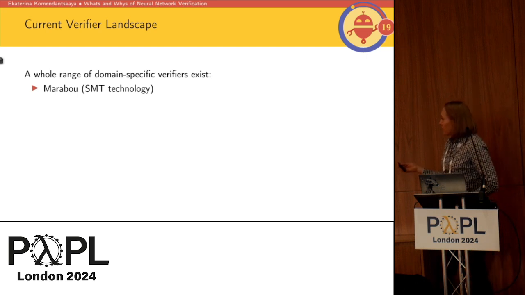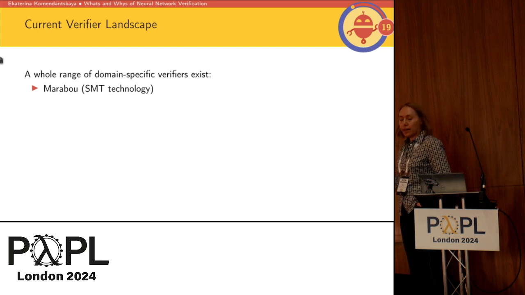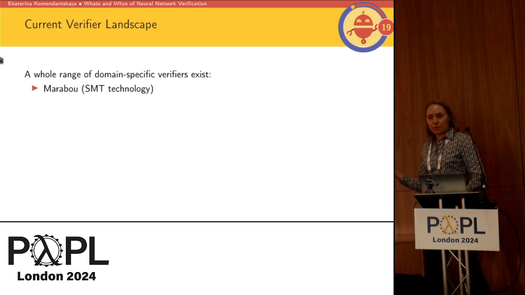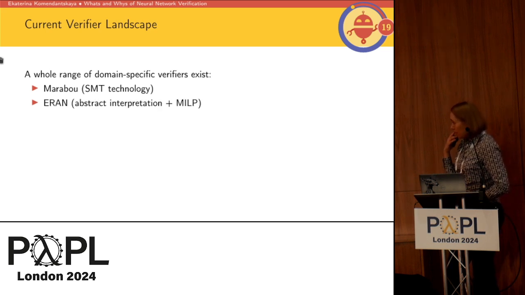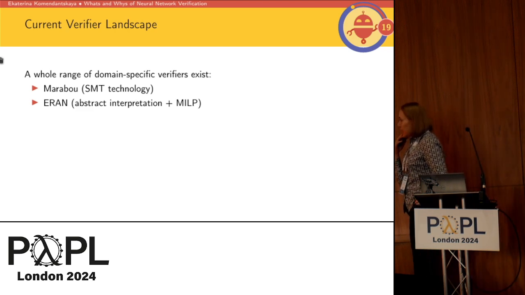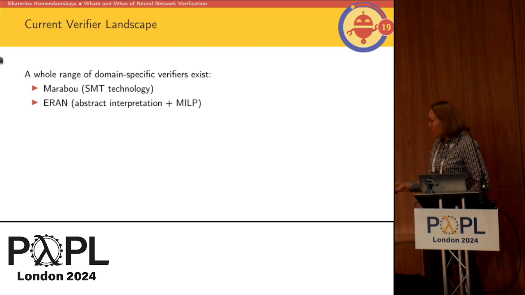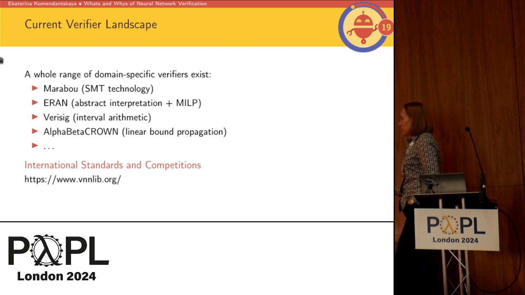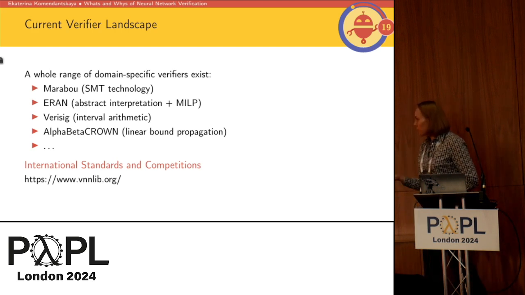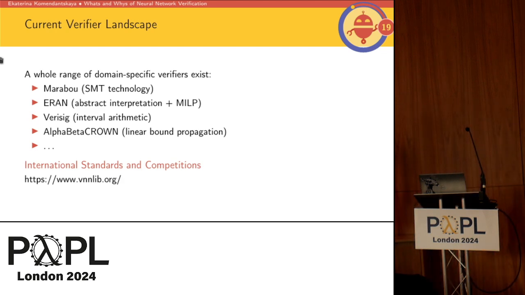So there is Marabou from Guy Katz and his team. That's the team that first introduced the ACAS Xu example. They're really the pioneers, and this verifier still goes strongly. It's SMT-based. There's ERAN and others similar based on abstract interpretation. There is VeriNet, alpha-beta-CROWN based on interval arithmetic, linear bound propagation, etc. There are international standards and competitions developed in this domain, and if you want to have a look, you can.